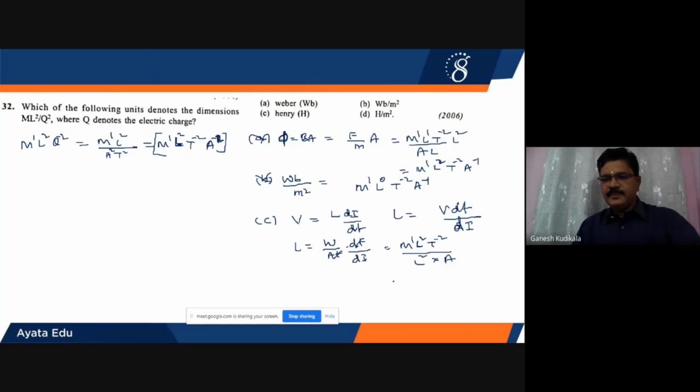On simplifying, I'll get M1, work done per unit charge. Work done per unit charge is current into time. Time will get cancelled. Okay. And area is L square. M1 L0 L0 T power minus 2 and A power minus 1.